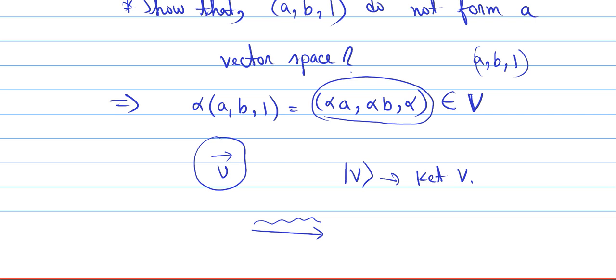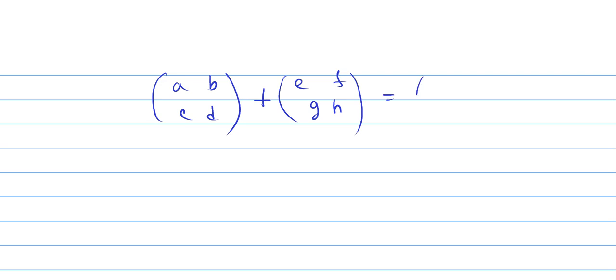We will see an example of such a vector space: 2 by 2 matrices. Like if you have some matrix a, b, c, d, and another one like e, f, g, h, we know how to sum two matrices and how to multiply matrices by a scalar. If you sum these two, you will get a plus e, b plus f, c plus g, and d plus h.